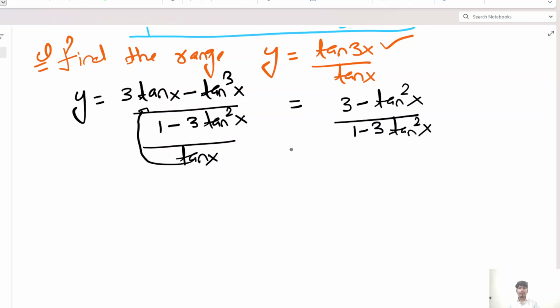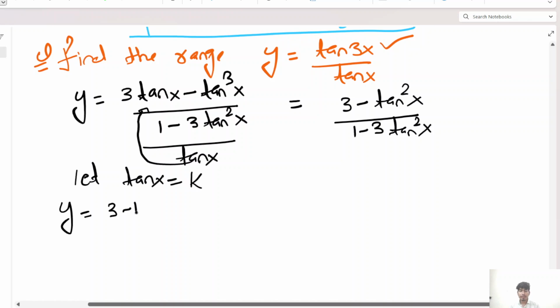Let tan x be equal to k. Then y is equal to 3 minus k square upon 1 minus 3k square.